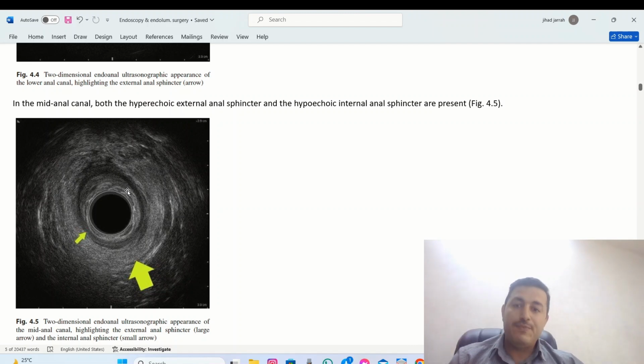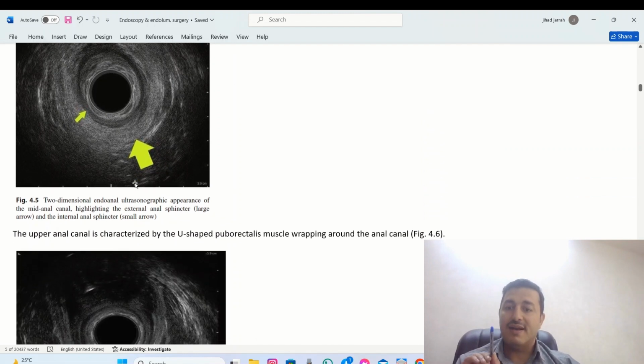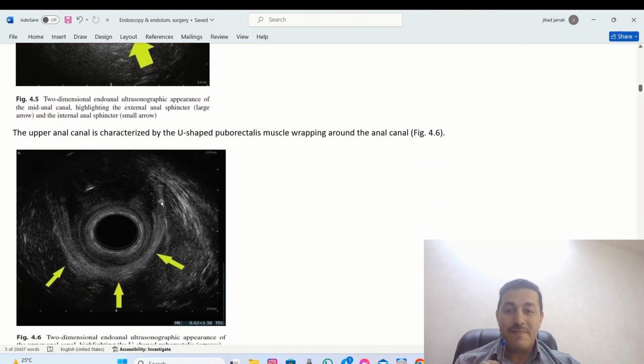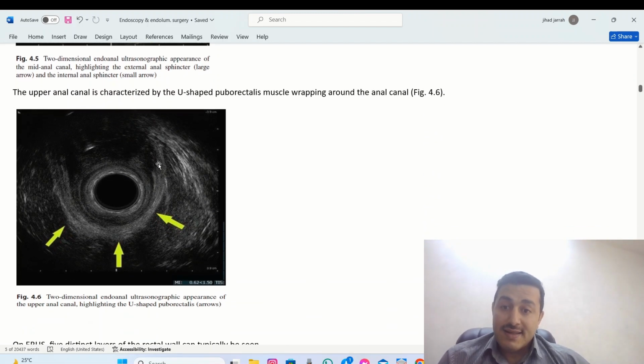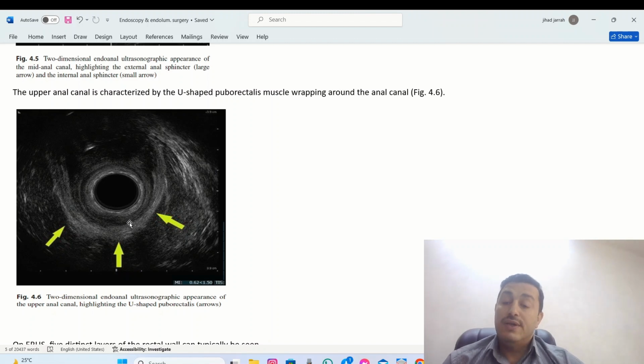If we move up to the upper part of the anal canal, we still are in the anal canal, we start to see the U-shaped structure of the puborectalis muscle. This is a nice procedure to determine any defect in the sphincter complex.